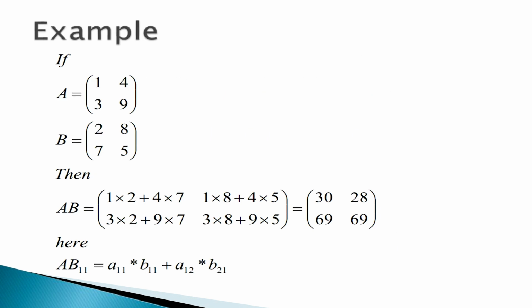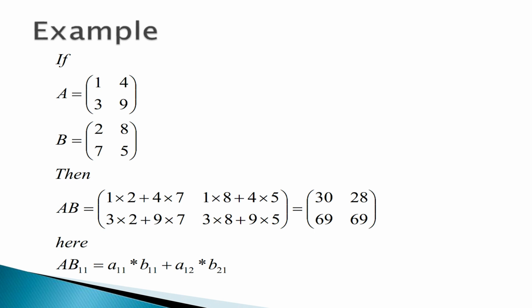Here is an example. Suppose A is the matrix 1 4 3 9 and B is the matrix 2 8 7 5. Then A cross B: first row of A, 1 4, we multiply with 2 7, so 1 into 2 plus 4 into 7. Similarly, 1 4 with 8 5, that becomes 1 into 8 plus 4 into 5.